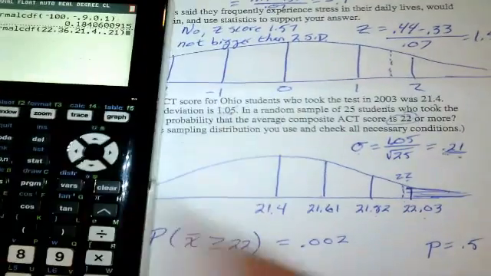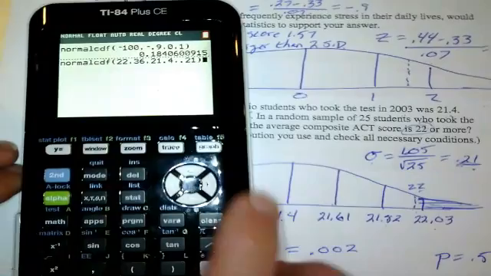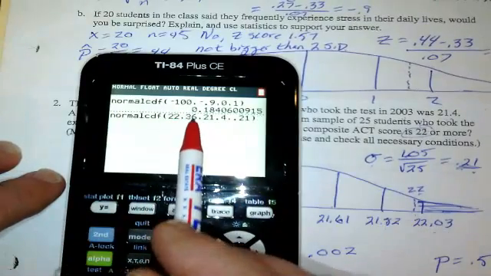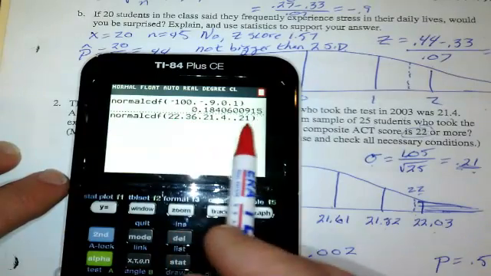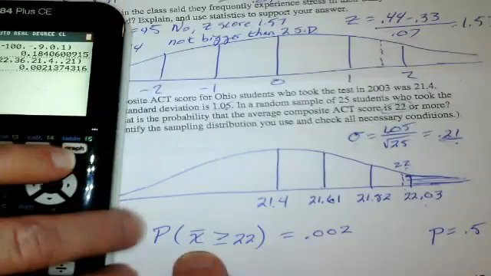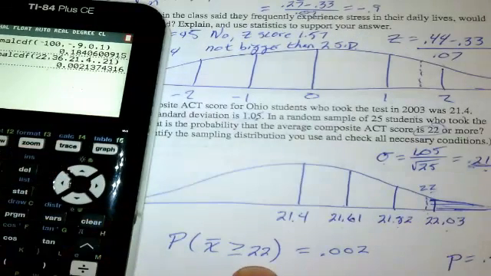Okay, and again, we're finding a normal CDF. 22 is my lower score, 36 is the max, my mean, my standard deviation, and the probability of the mean being greater than or equal to 22 is 0.002, so barely over 0.1%.